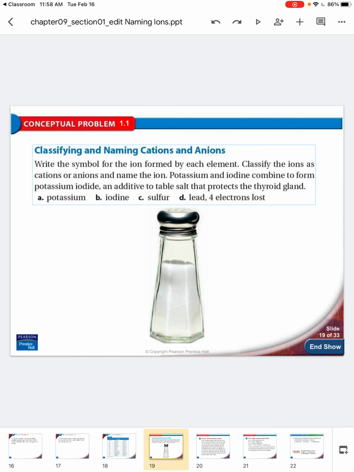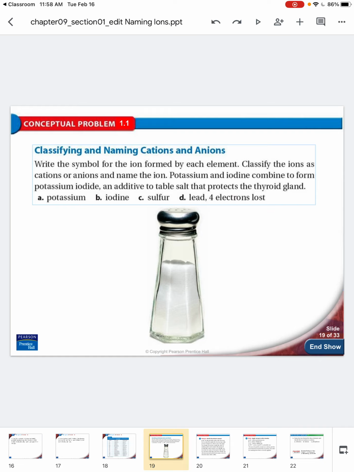Iodine is group 7. It gains an electron, so it forms an I 1-, or just I-, the 1 is understood, ion, and that ion is named the iodide ion. Remember, we changed the end of the name to "ide" for the negative monoatomic single atom anions.